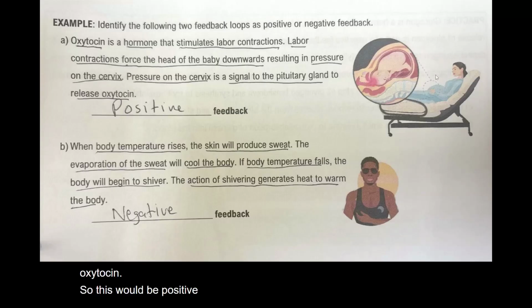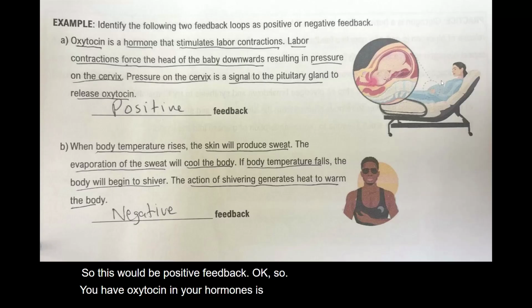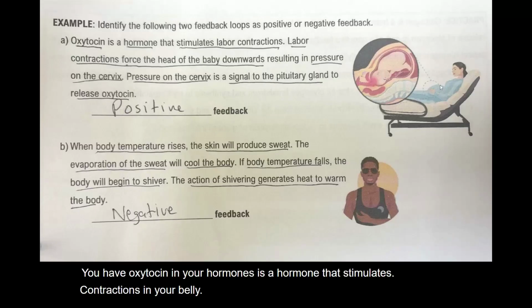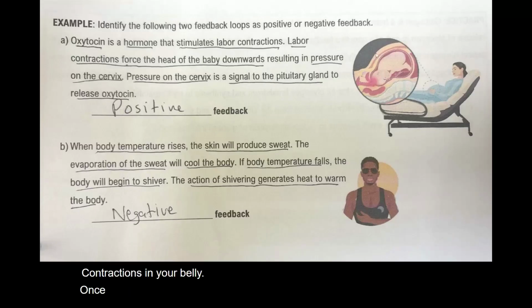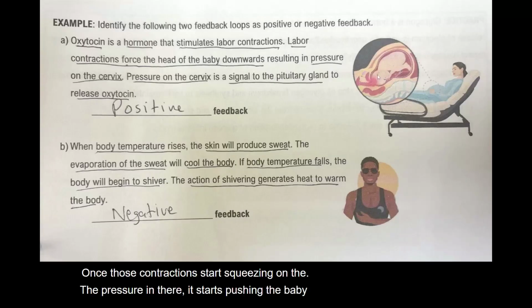Okay, so oxytocin is a hormone that stimulates contractions in your belly. Once those contractions start squeezing, the pressure in there starts pushing the baby down. The baby's head pushes on the cervix.